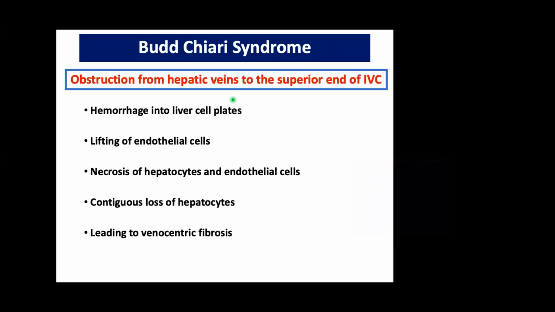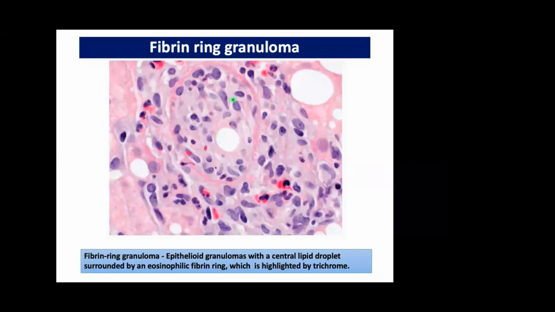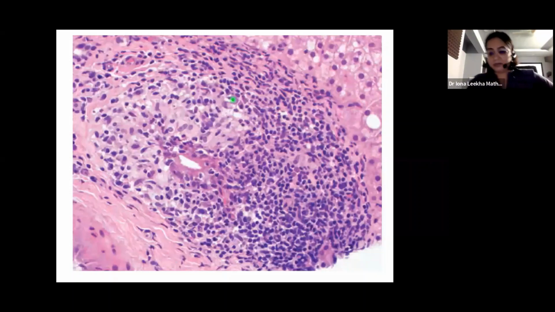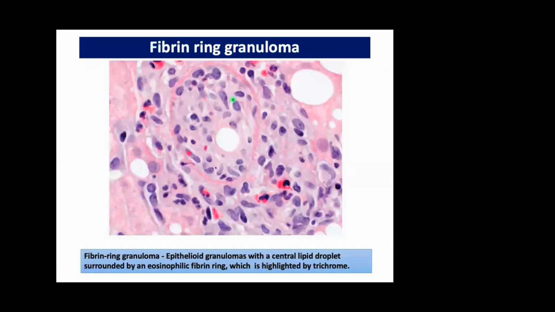When do you get that? In what conditions do you get the fibrin ring granuloma and the previous one, the lipogranuloma? What history would you have?